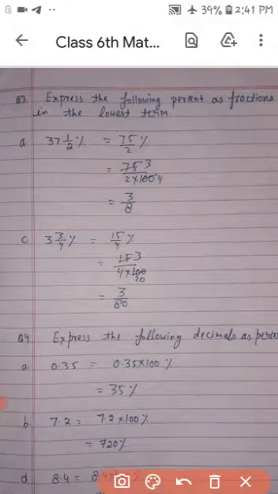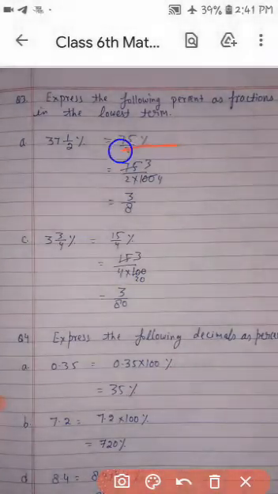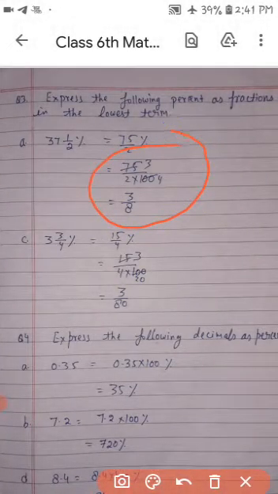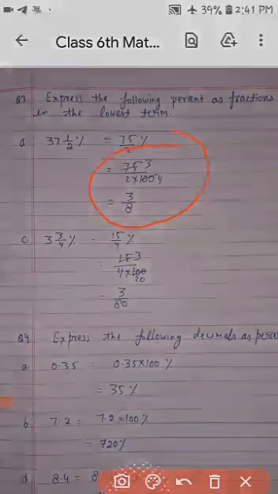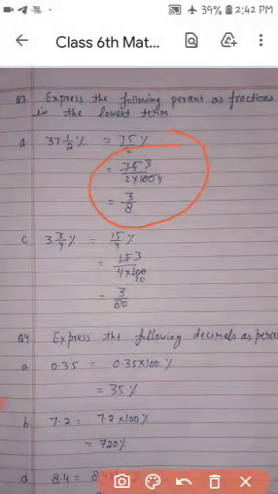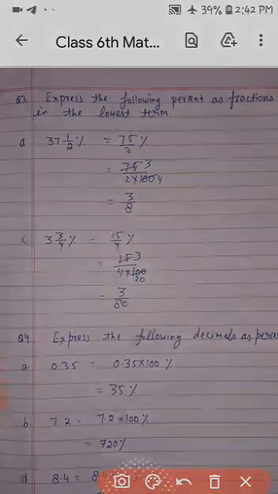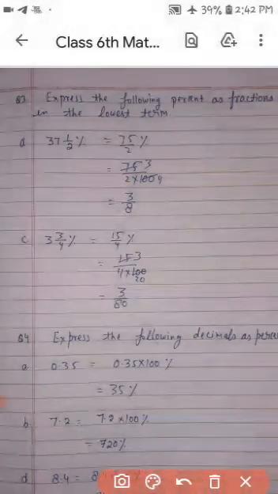Now remove the percentage sign: 75 upon 2 into 100. Cancel out the table of 25: 25 fours are 100, 25 threes are 75. Now denominator, 2 fours are 8, in numerator 3. Now the result comes to 3 by 8.